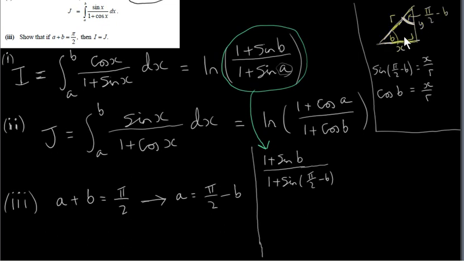But that's the same as the cos of b. The cos of b is the adjacent over the hypotenuse, x over r. So we can replace sine of pi over 2 minus b with cos of b. So we can write this as 1 plus sine b over 1 plus cos b.